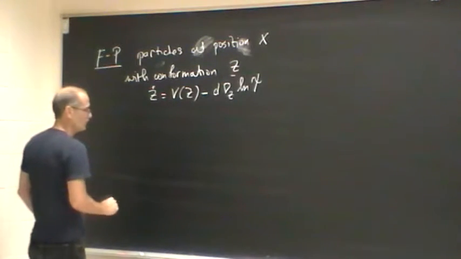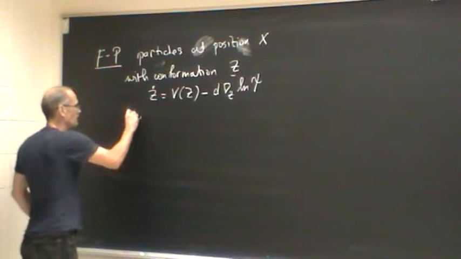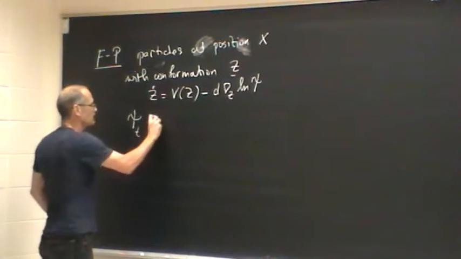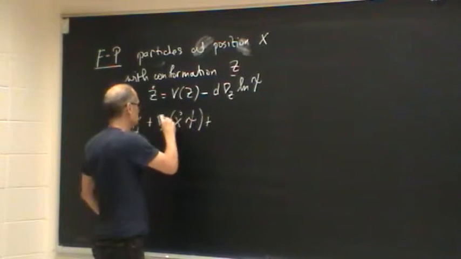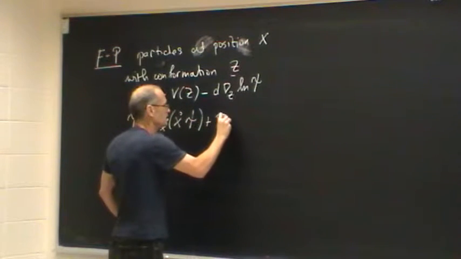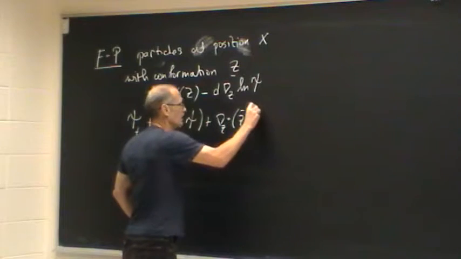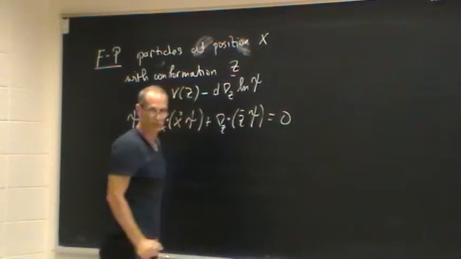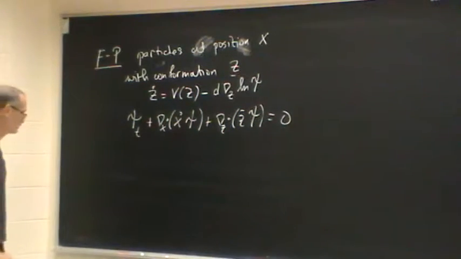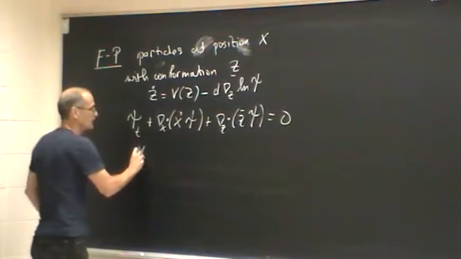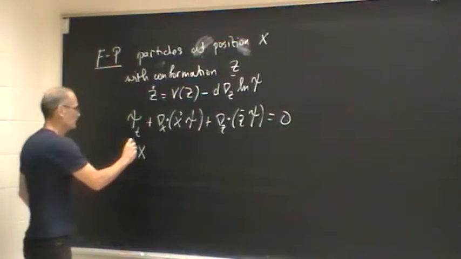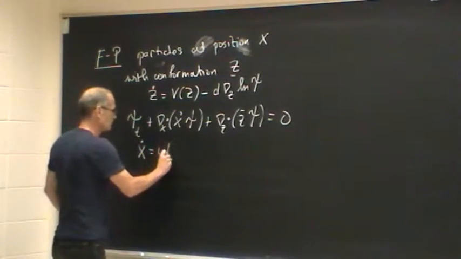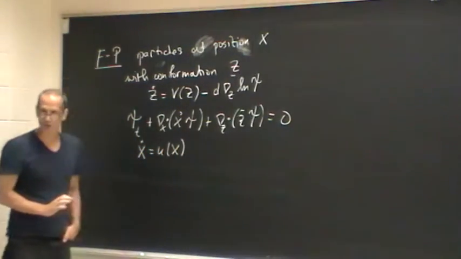Then you have a conservation equation: psi_t plus the divergence in x of x dot psi, plus the divergence in z of z dot psi, is equal to 0. So you have a Fokker-Planck equation. Let me expand on this a little. x dot typically is just a statement that you're moving with the center of mass.